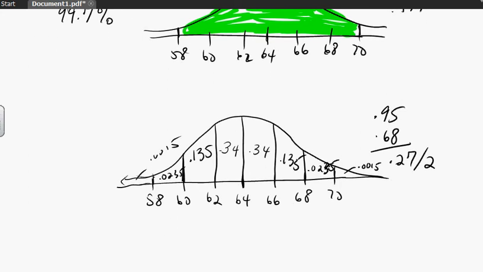So what percent of females are between 64 and 68 inches tall? So you add 0.34 plus 0.135 and you get 0.475.